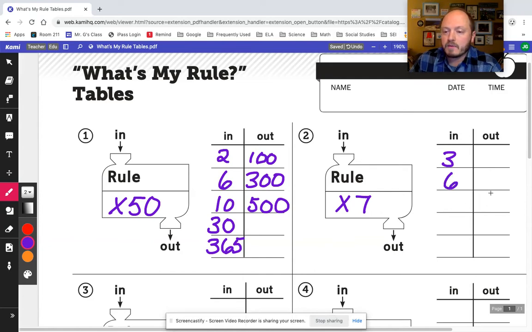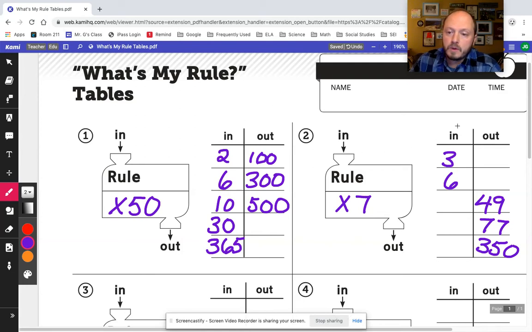And then we have something like 49, or say 77, or perhaps 350. How would we figure that out?